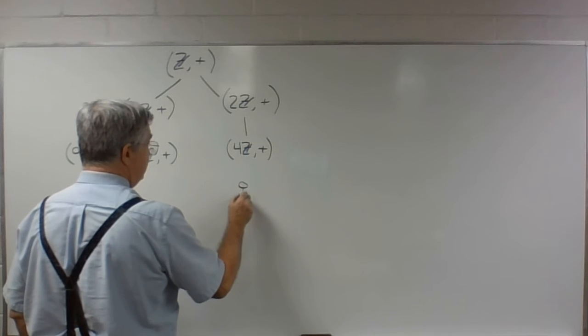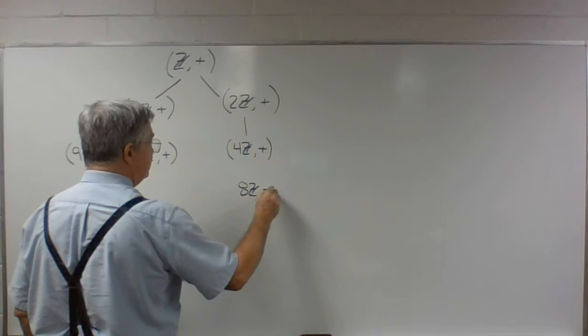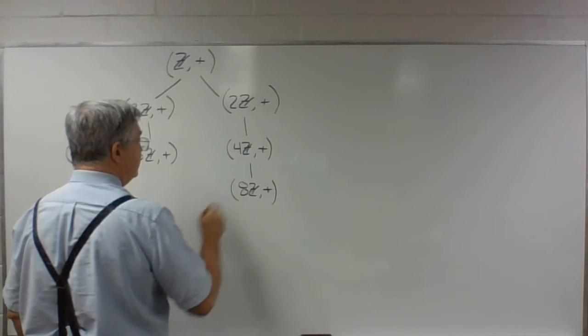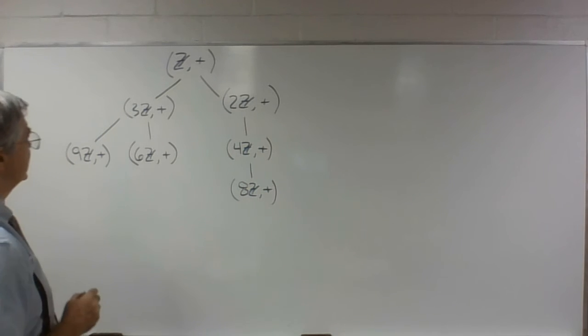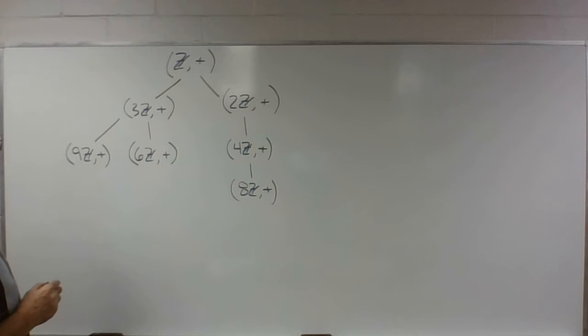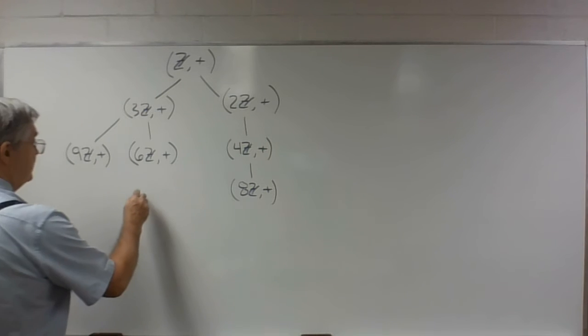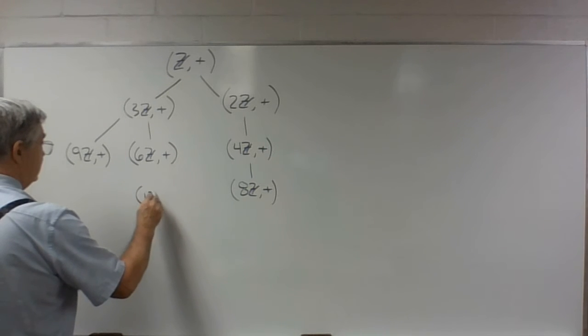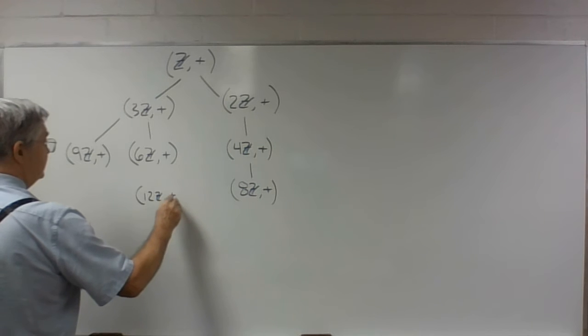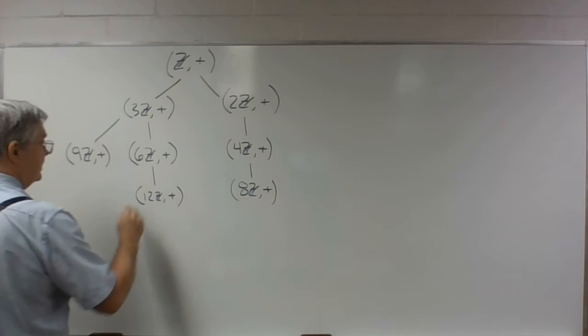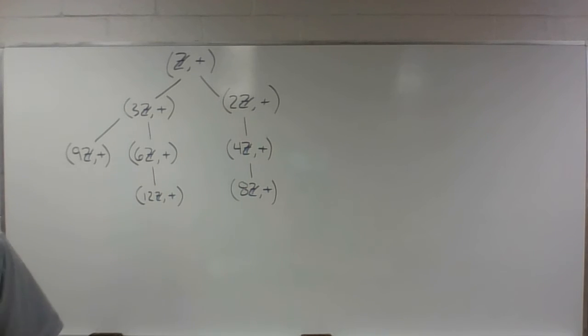8z is directly a subgroup of 4z. Nothing in between those two on the lattice diagram. 12z is directly a subgroup of 6z. Holy moly, where is all of this going?